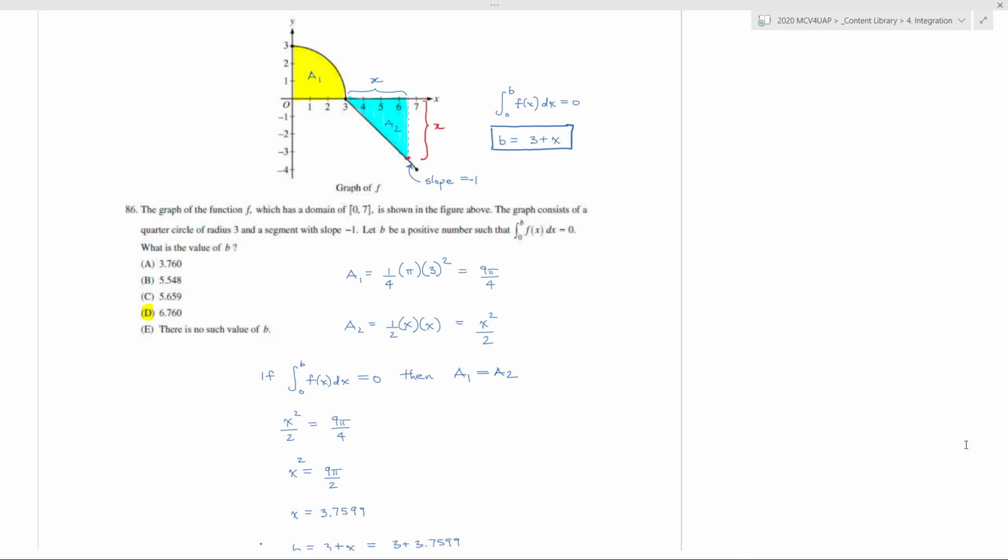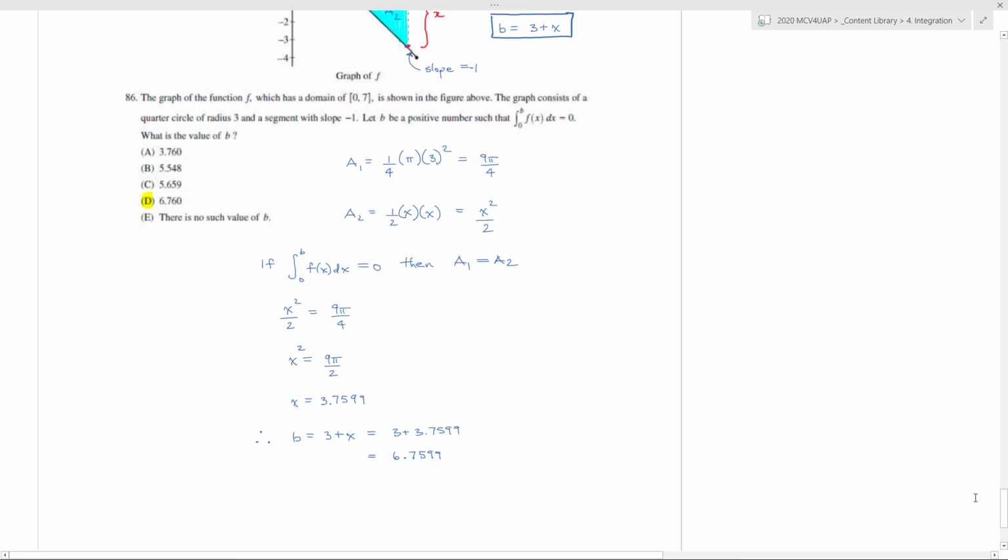That is not the value of b. I have to add 3 to that value, okay? Because I have to integrate from 0 to 3 plus 3.7599. So I get a value of 6.7599, and the closest answer there would be D if I was to round up.